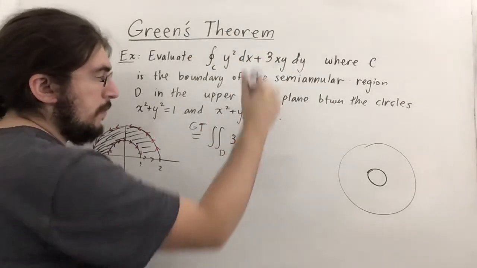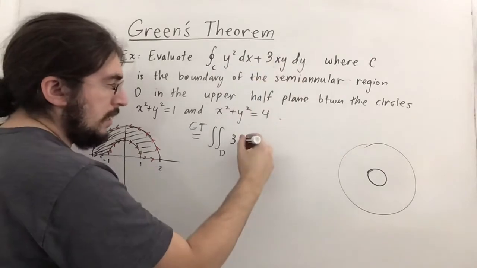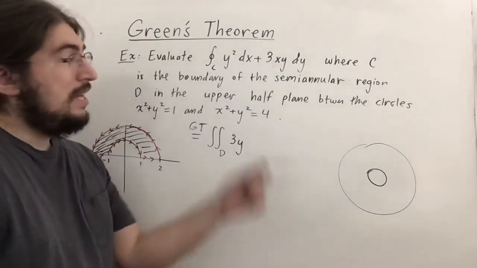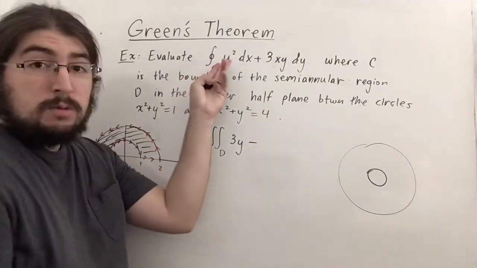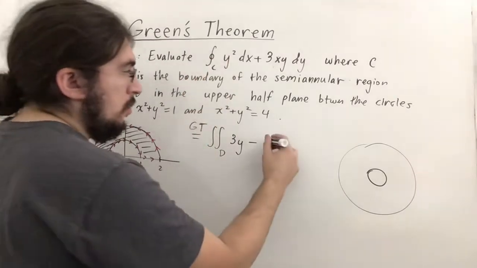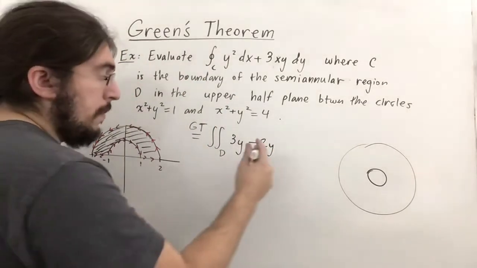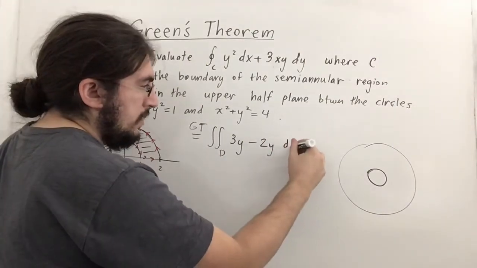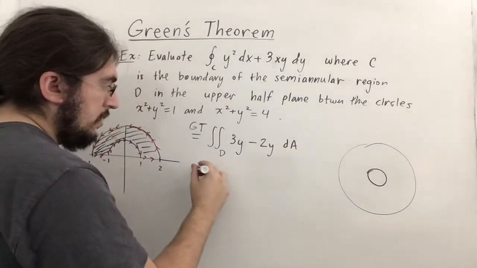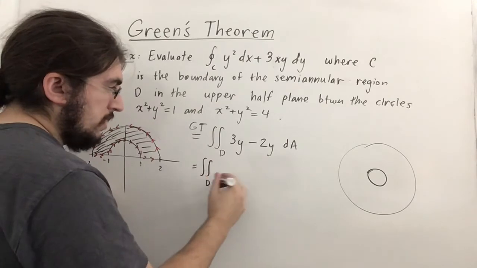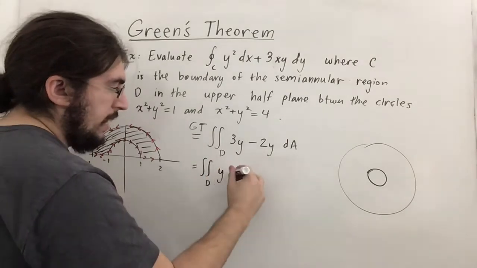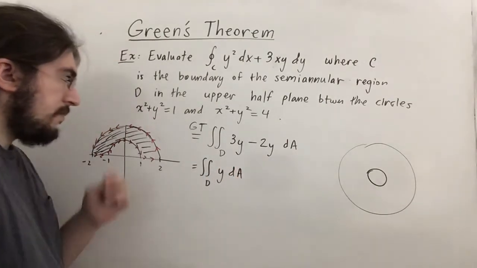So that's dropping the x, so that's 3y, minus the derivative of this with respect to y, which is 2y. And in fact, 3y minus 2y is just y, and this is dA. So this is the double integral over the region D of y dA.